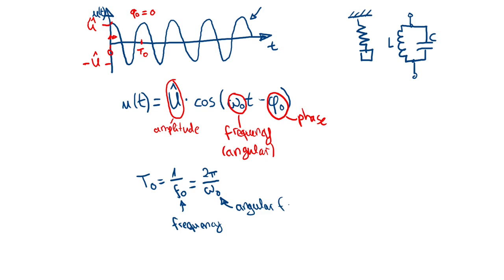So first attention point, never mix those terms and symbols up. And also don't mix up the units. So the unit of the period is seconds. The unit of the frequency is hertz.